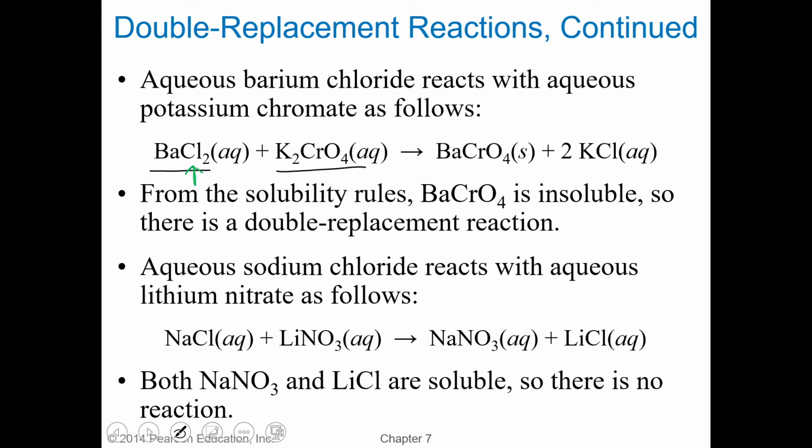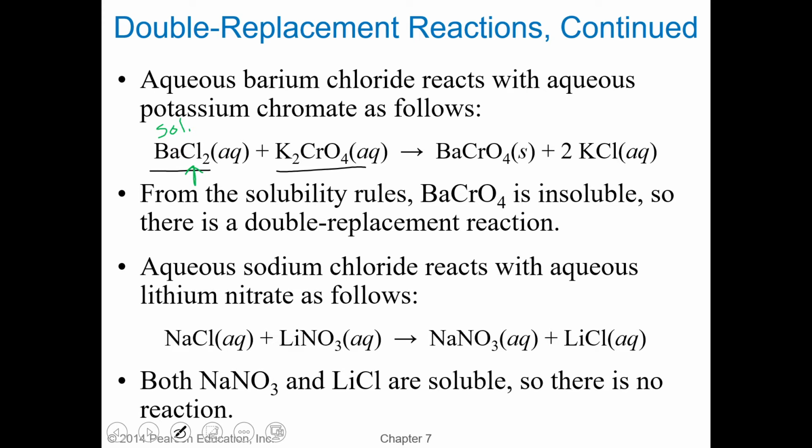The halides are always soluble unless they're bonded to a silver, mercury, or lead. Barium is not a silver, mercury, or lead. Therefore, barium chloride is a soluble solution.